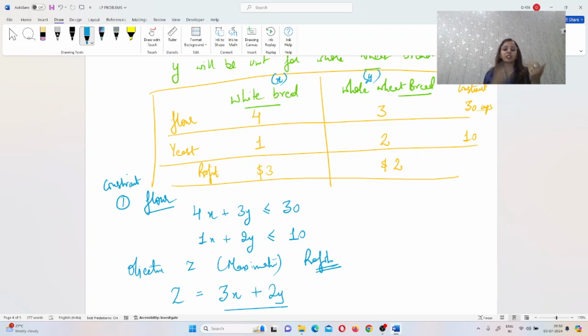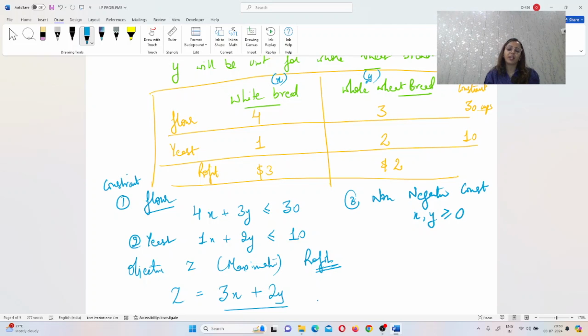Now keeping these equations, that z equals 3x plus 2y, and the constraints. The first constraint is your flour, the second one is your yeast, but the last and most important thing is the non-negative constraint. Non-negative constraints mean that products x and y cannot be less than 0.